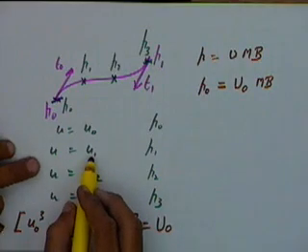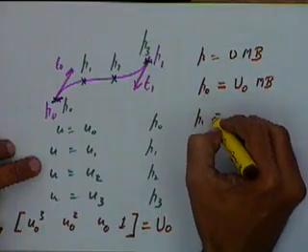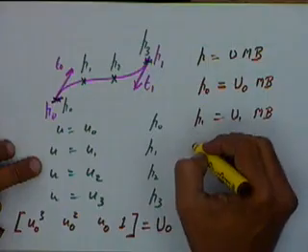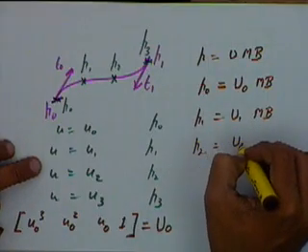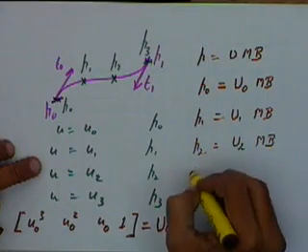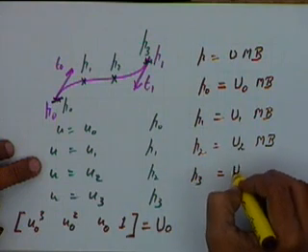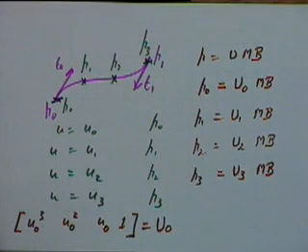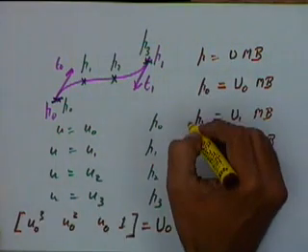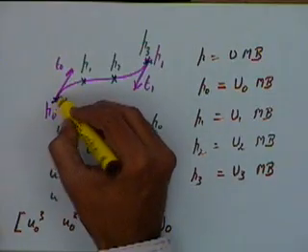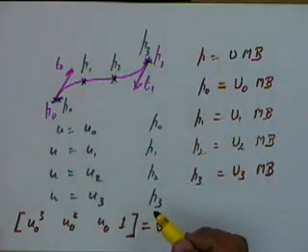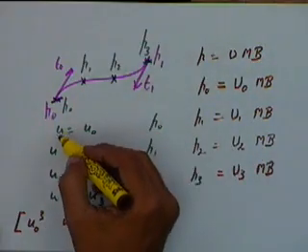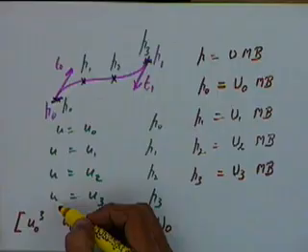Similarly I can write for u1: P1 is equal to u1 times MB, P2 is equal to u2 times MB and P3 will be equal to u3 times MB. So I get these 4 equations for the 4 points P0, P1, P2 and P3. These 4 points are specified at 4 distinct values of the parameter u.